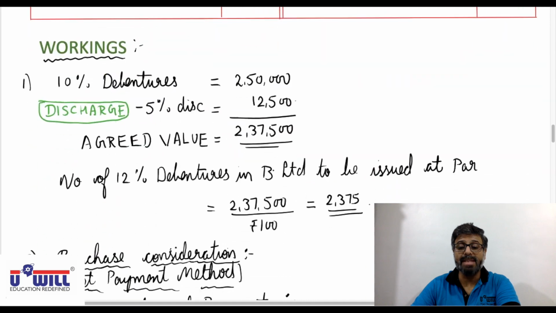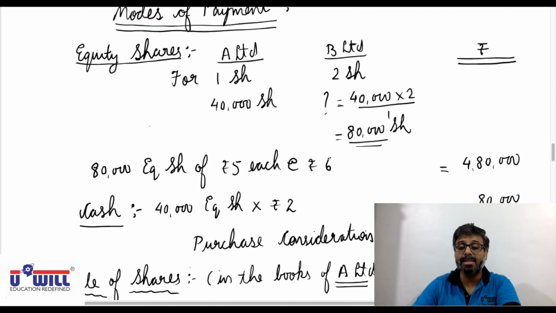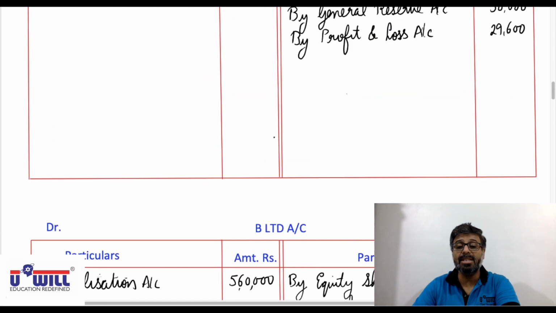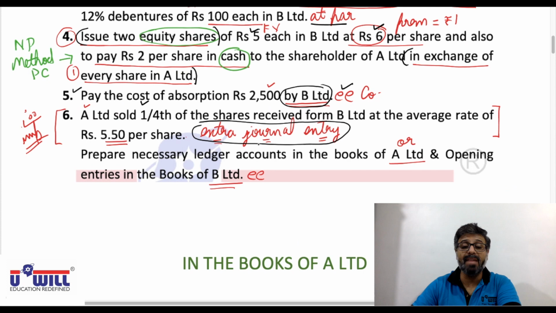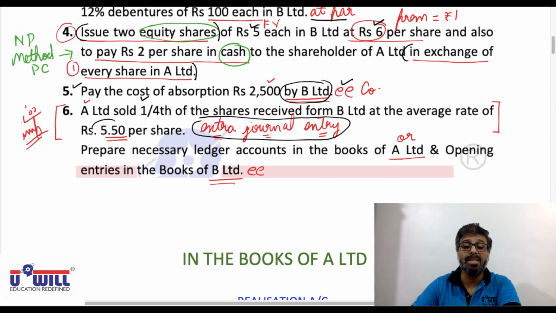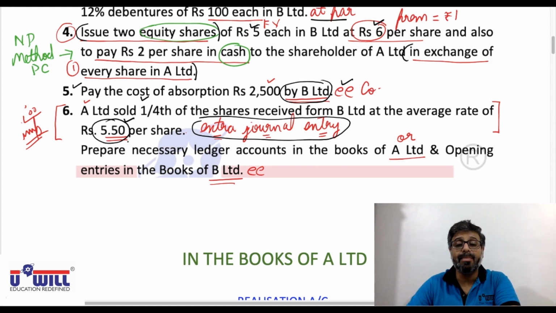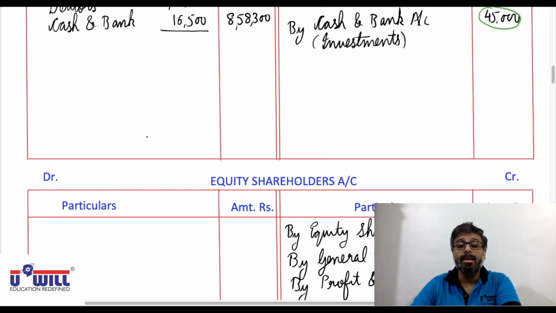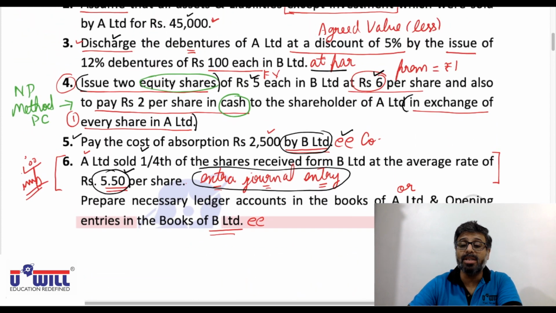Shares are received for 6 rupees, 80,000 shares for 4,80,000, but we are selling them for 5.5 rupees. So there is a loss of 50 paise.